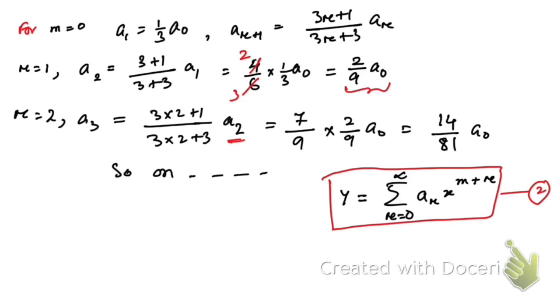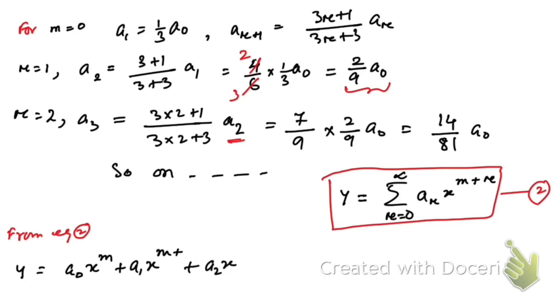You can see this y can be written, just from equation number 2, as y is equal to, if you expand it, a naught x to the power m plus a1 x to the power m plus 1 plus a2 x to the power m plus 2 and a3 x to the power m plus 3 and so on, right?